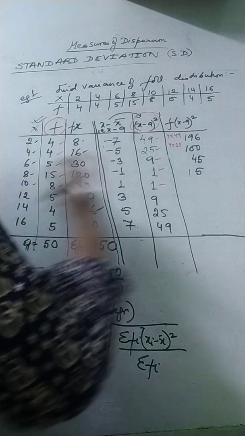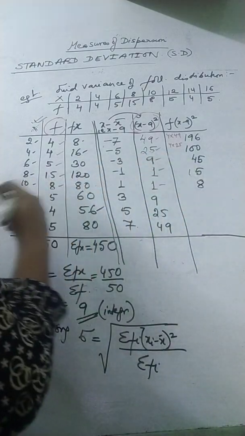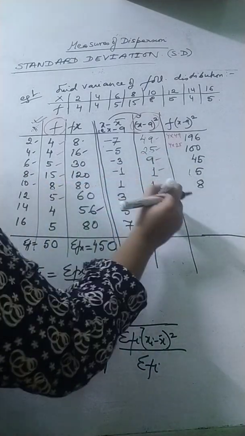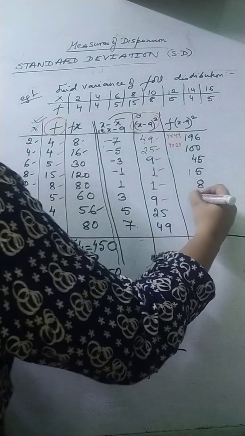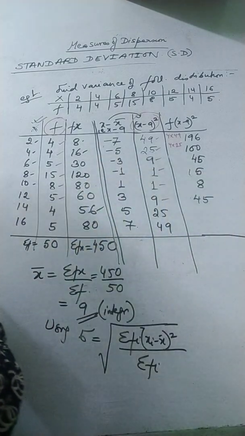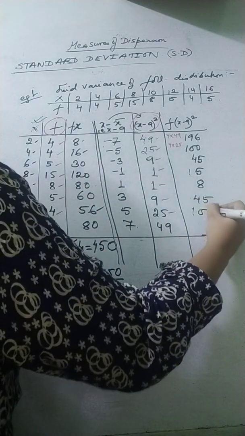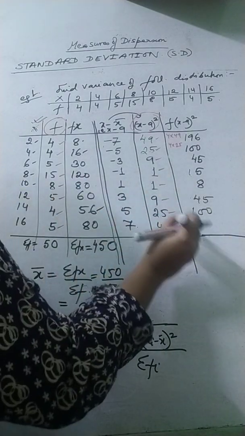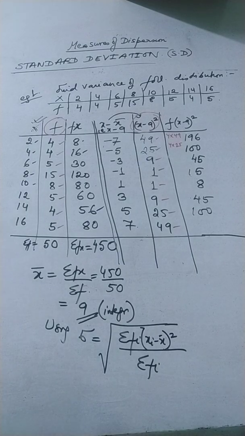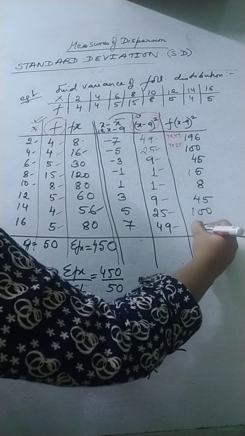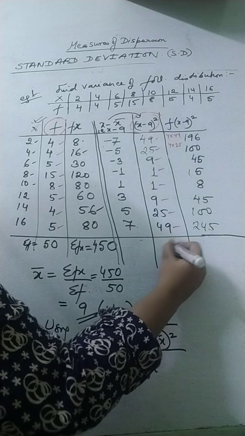That is your 8. Then it comes 5 into 9. That is 45. 4 into 25 again, so it's 100 again, and 5 into 49, that makes 245.